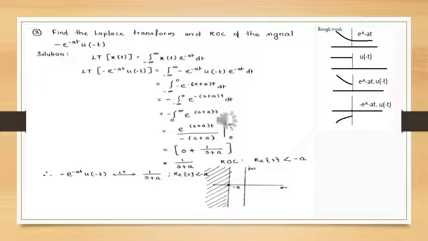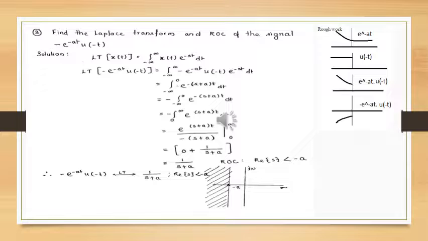Now we know that if we want to interchange the limits of the integral, we can add one more negative sign to it. So we have minus minus, so that becomes plus integral 0 to minus infinity e raised to minus s plus a into t dt. Now what we are doing, instead of t, we will take t is equal to minus t.